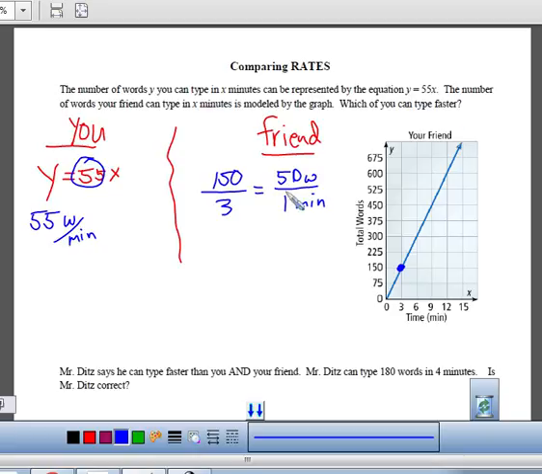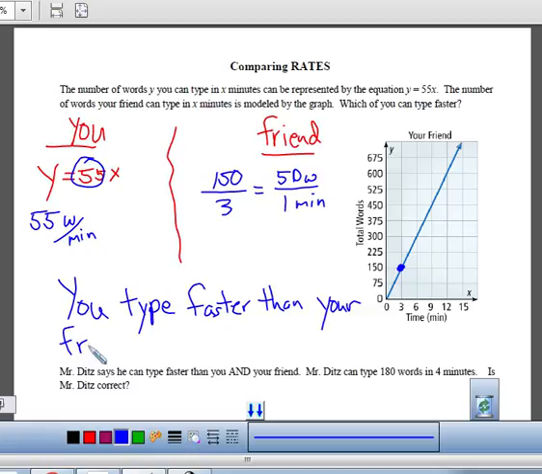So, which of you can type faster? You type faster than your friend, and then let's add in the difference. 55 compared to 50 is by 5 words per minute.